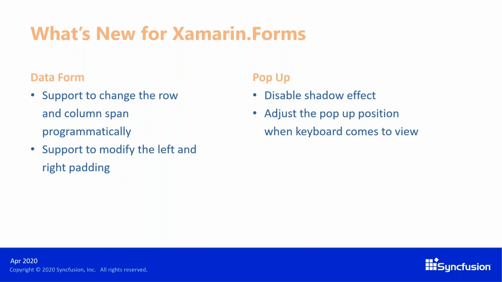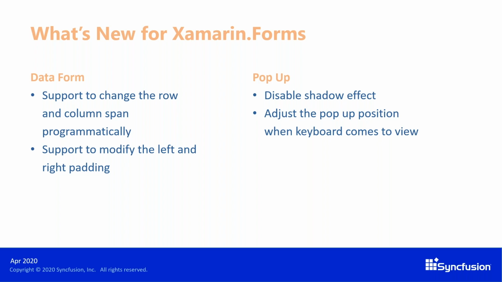The next control is the pop-up. By default, the pop-up shows a shadow effect, and many of you have asked us for a feature to disable the shadow effect. We have provided that feature in this release. So now you can disable the shadow effect. The next thing is you can adjust the pop-up position. Earlier, whenever a pop-up was on the screen, you could not adjust the position.